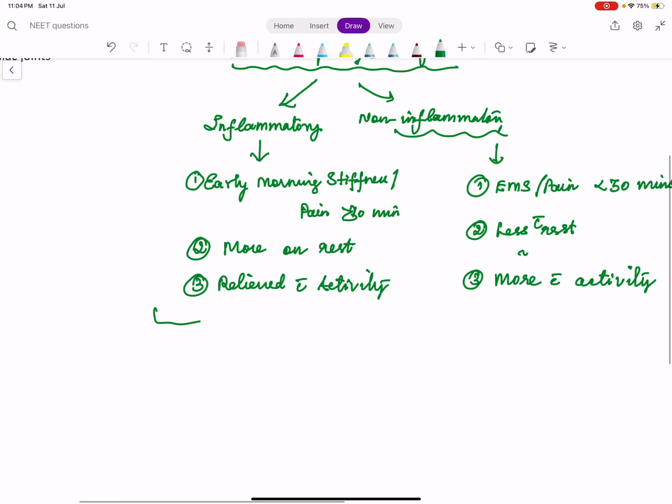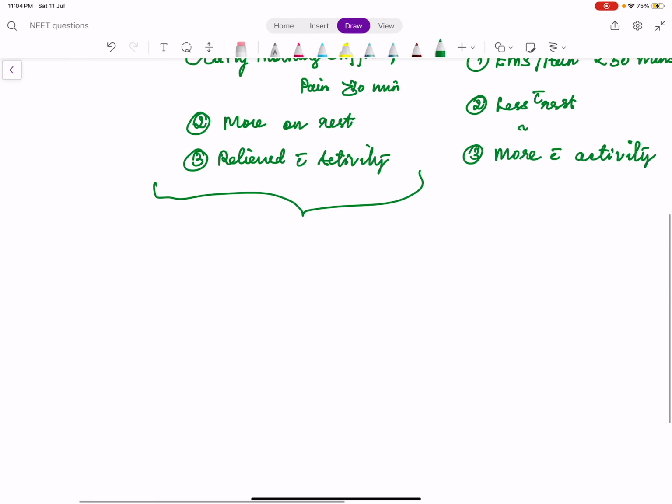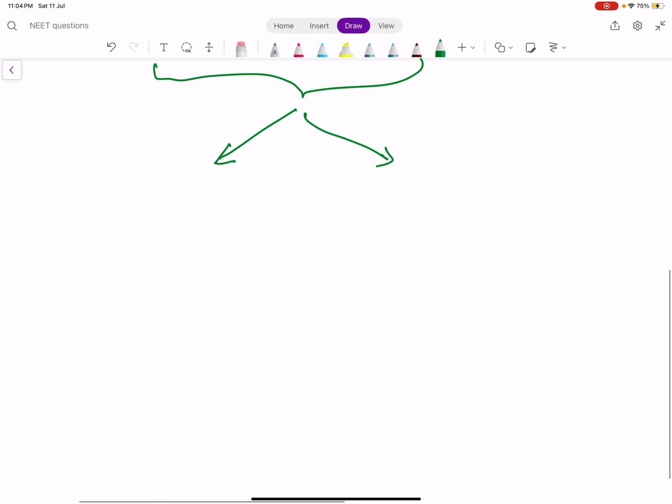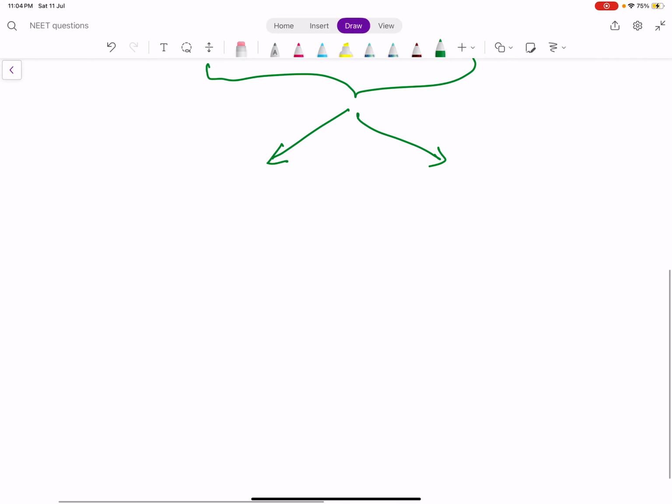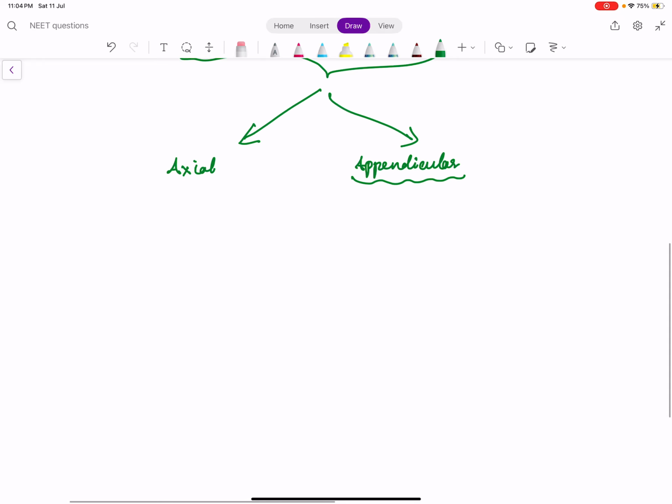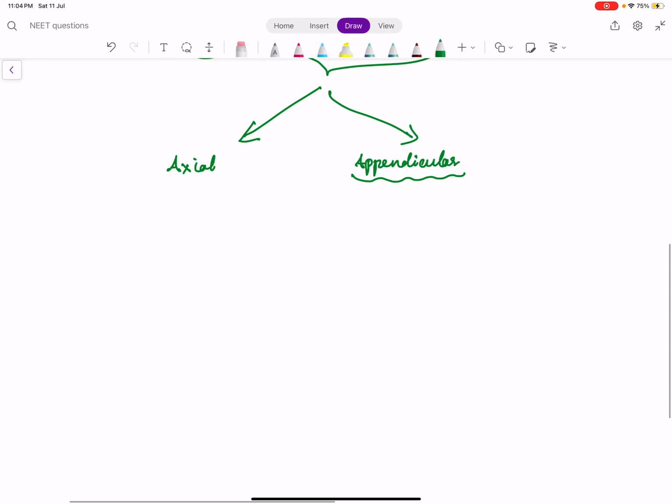So the examples for inflammatory conditions: inflammatory back pain is actually rheumatology, right? So we can classify into axial diseases, axial is anything from the spine, and appendicular diseases. The commonest appendicular cause of inflammatory pain is rheumatoid arthritis.